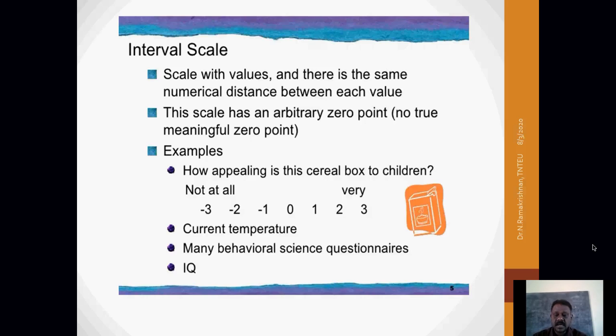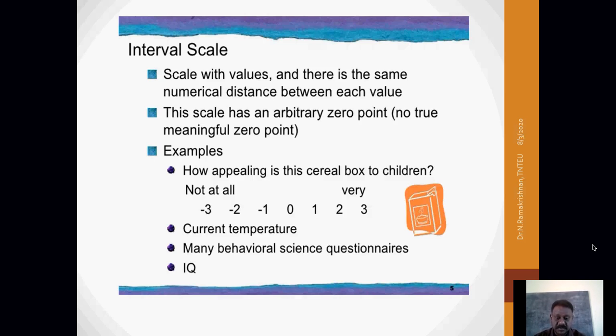And -3 means not at all, because to that degree it is not appealing. Here 0 denotes some meaningful interpretation: it is not at all appealing. So here it denotes a meaningful point. That's why these are the examples. The linear Likert type of scale.